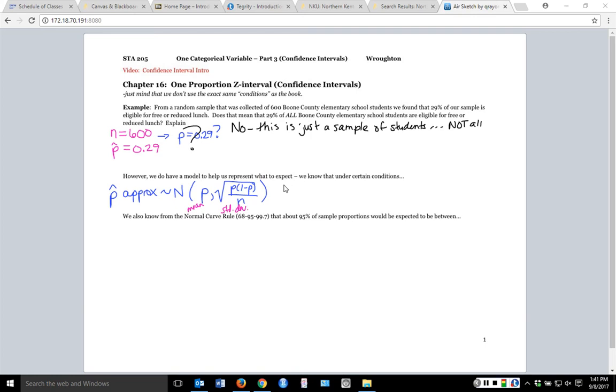And from that, we learned how the numerical rule applied. More specifically, I'm going to focus on that 95%. How do I get 95%? That means I go out 2 standard deviations.